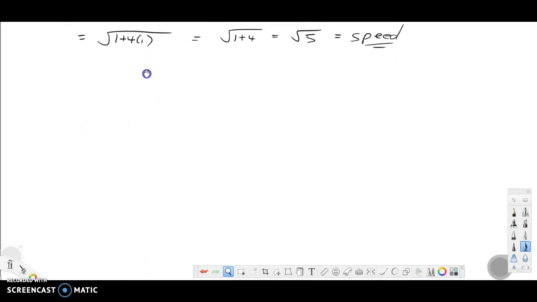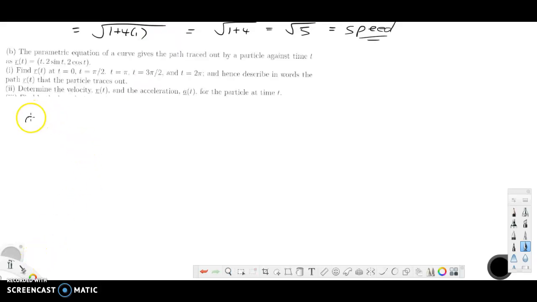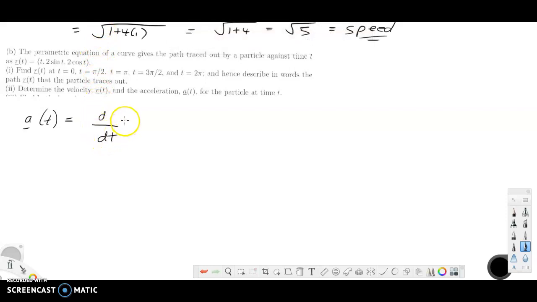Then the next bit of the question, now the acceleration vector is equal to the first derivative d/dt of the velocity vector, which we've already worked out. So our velocity vector, the 3 components we got there were 1, 2 cos t, and minus 2 sine t.